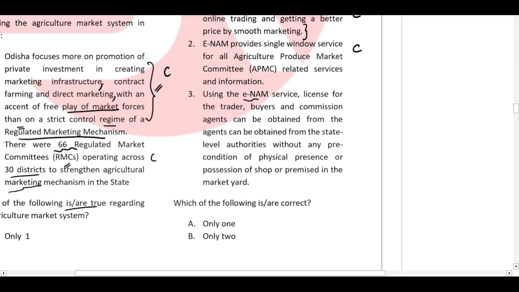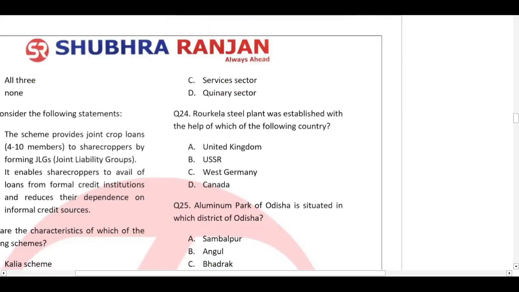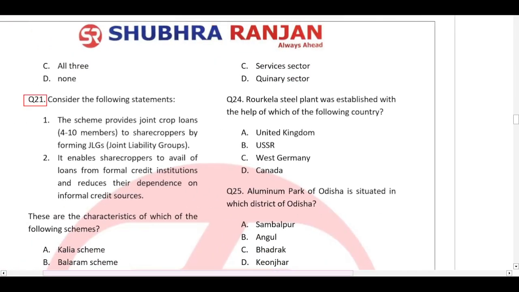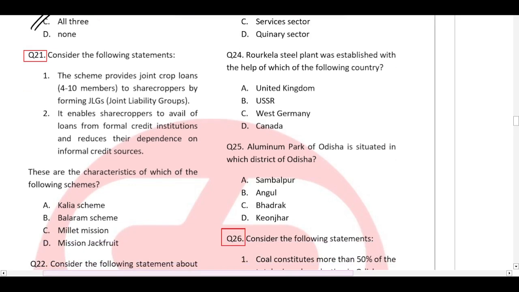So obviously when it is an online portal, you don't need to have a physical presence of a shop or premises in the market yard. That is done away with. That is the whole purpose of ease of doing business. So this is also correct. So which of the following are correct? So all the three statements are correct. So our option will be all three.